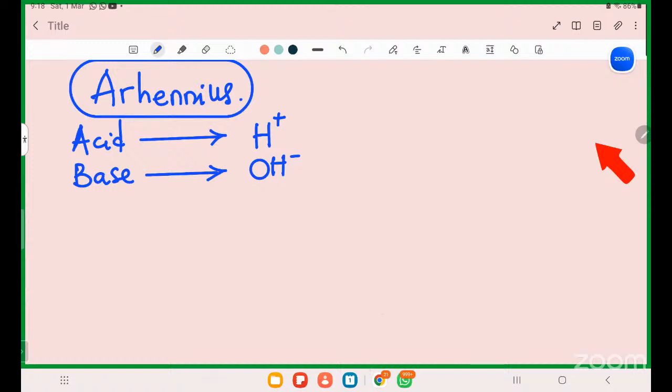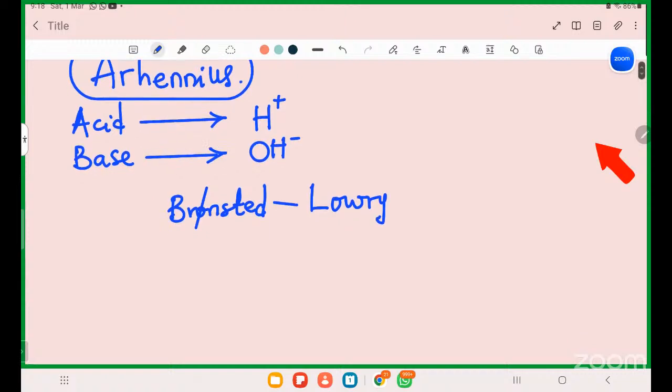Then we proceeded to explain the contribution of Bronsted and Lowry, another theory of acid and base. They are different scientists who also gave us their own contributions on acid and base. They defined acid in terms of proton.